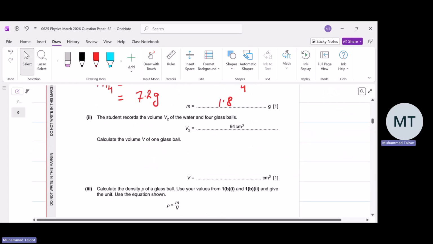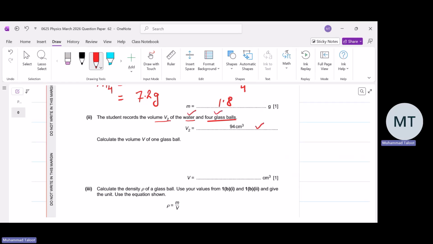Moving to the next part. The student records the volume V2 of the water and 4 glass balls. This is the volume of water and 4 glass balls. Calculate the volume of one glass ball. So how will you find the volume of one? If you remember, previously we calculated the volume of water, that is 91.